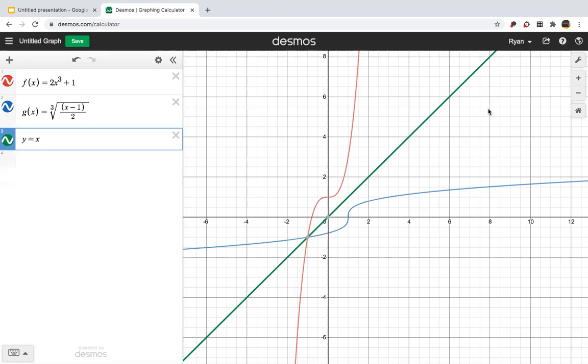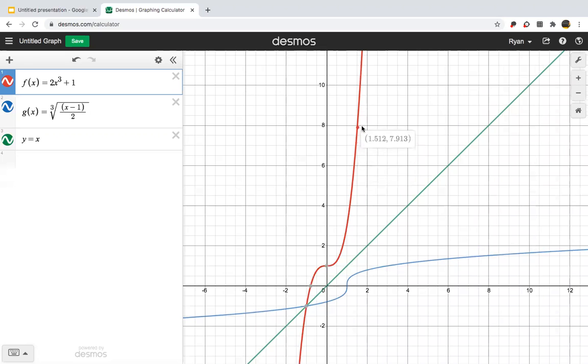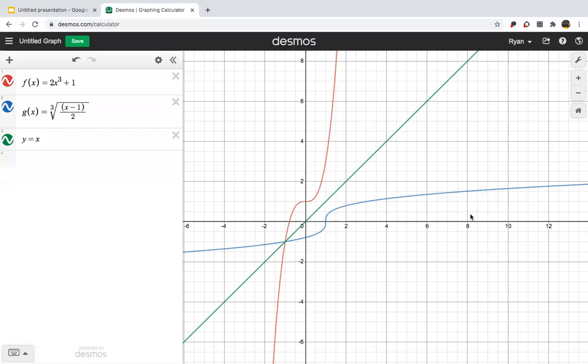And again, the domain and range are completely reversed. So for example, on this g of x function in blue, if I find the point 8 comma 1.518, over here, if I find 1.518, I'll be at 8 as my output. So as I'm trying to show you guys, the input and output are completely reversed.